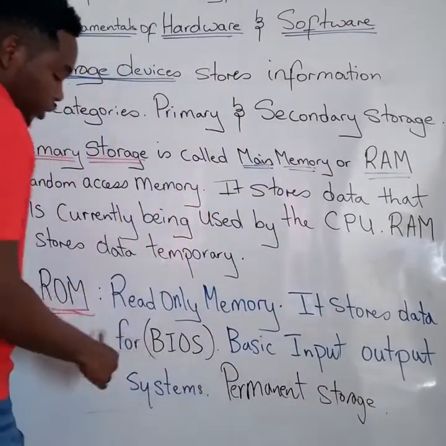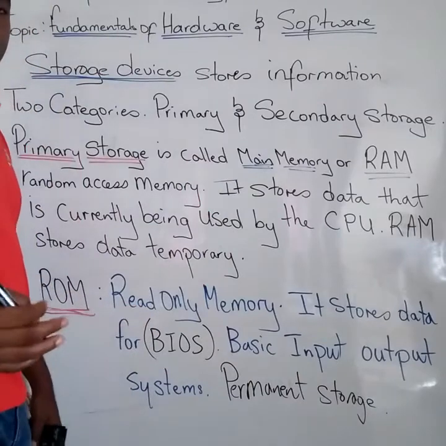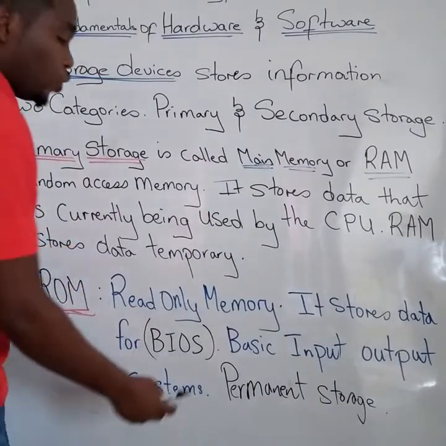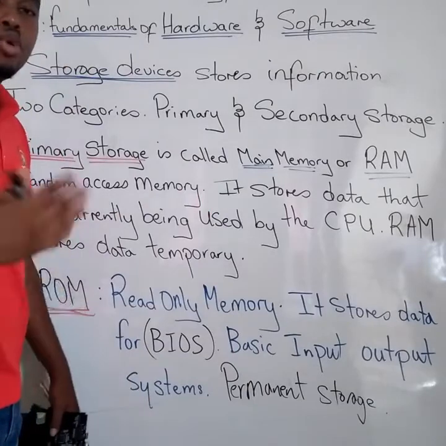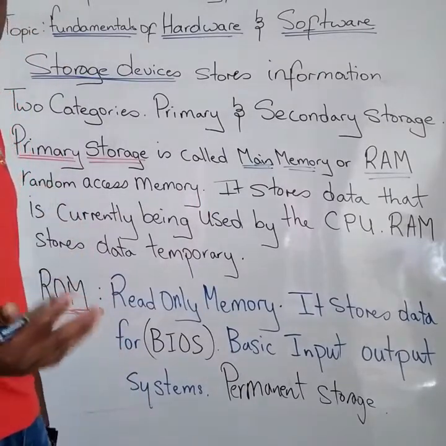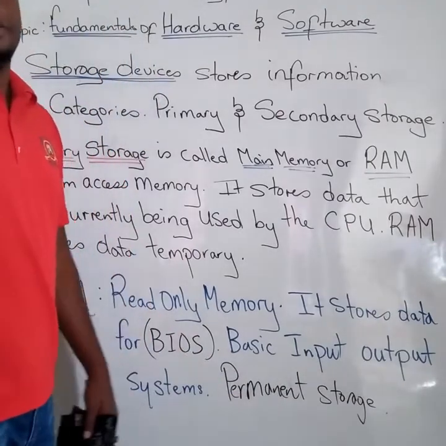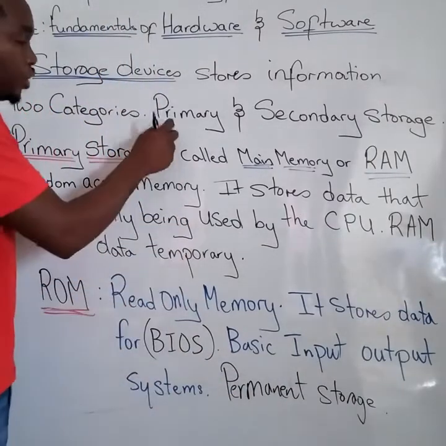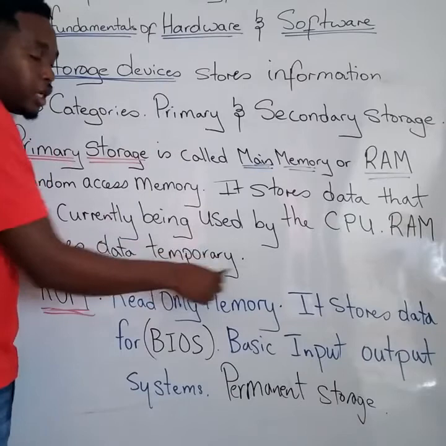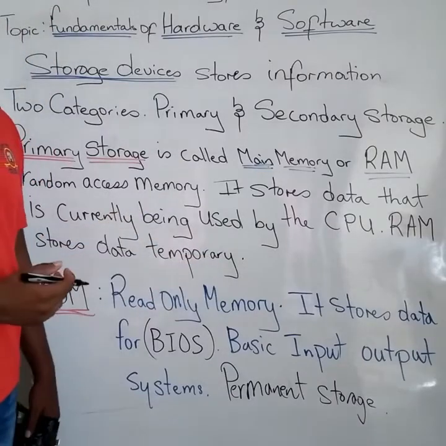The permanent storage here for this ROM chip is going to store all the information that you will need for the booting up process of your system. That data would have to be permanently stored there, while for the random access memory, that memory would be temporary on that system.